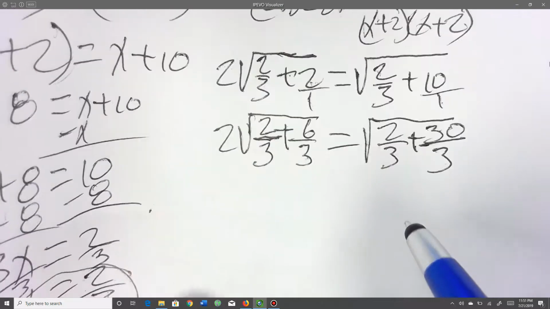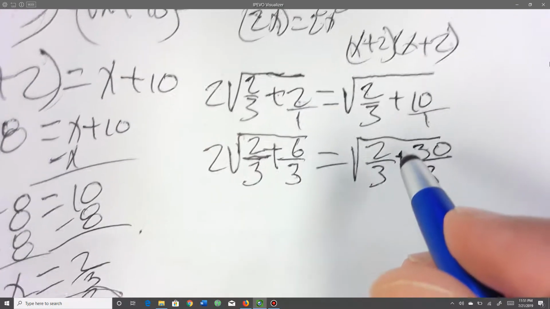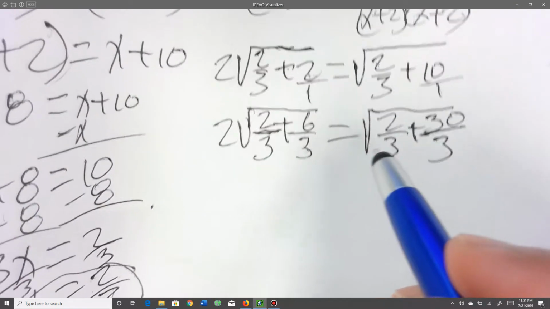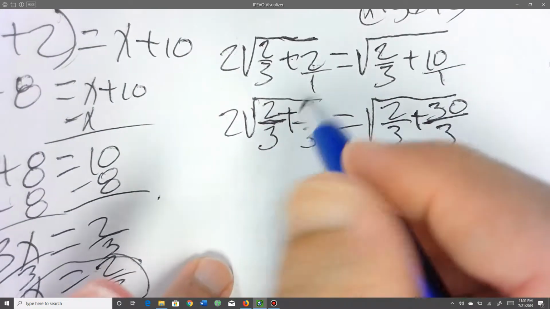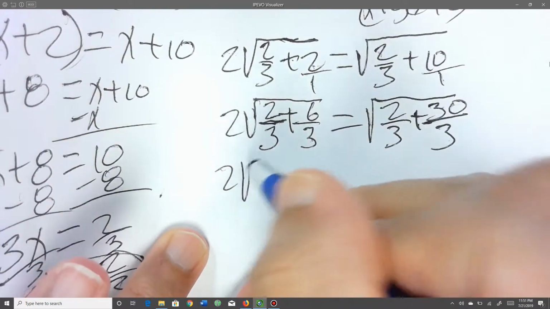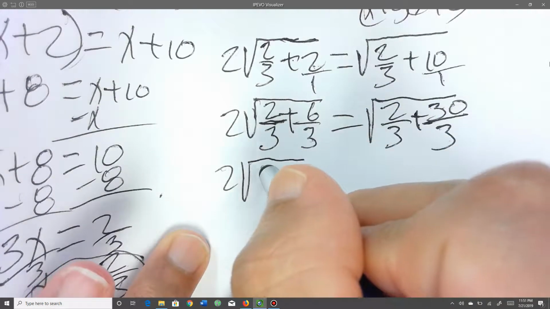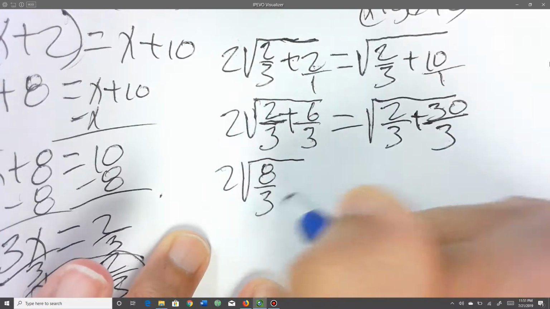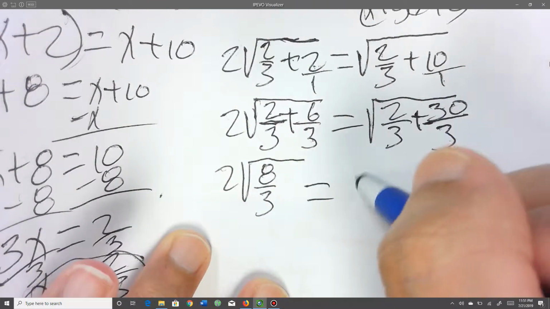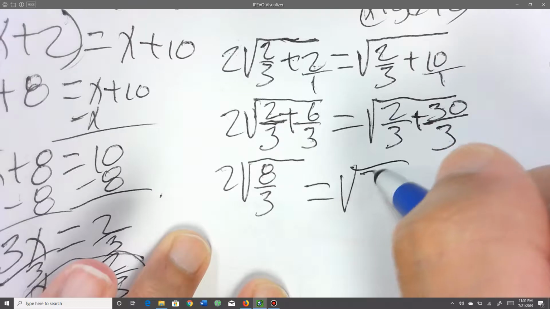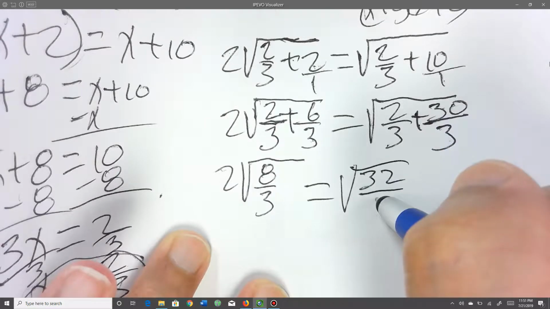Alright, let me move it up here. There you go. And then just go ahead and add them up. That's 6 plus 2 is 8 over 3, equals square root of 32 over 3.